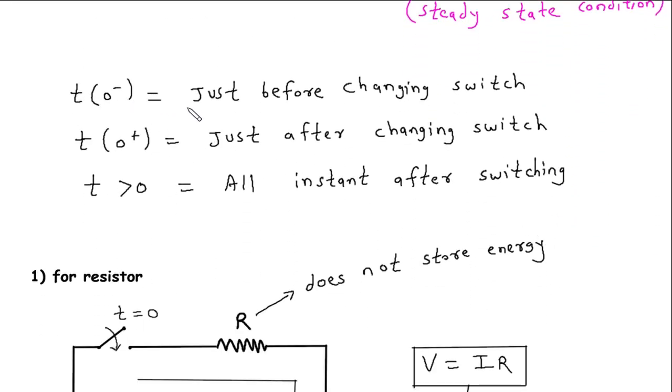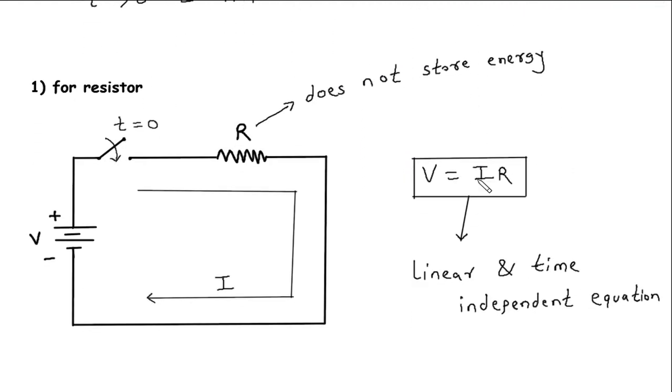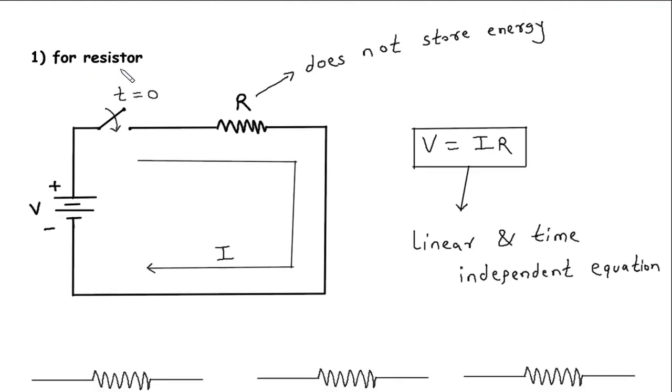t of 0 minus is an instant just before changing the switch and t of 0 plus is an instant just after changing the switch. t greater than 0 is all instants after switching. A resistor does not store energy and according to Ohm's law, V is equal to I into R. This is a linear and time independent equation.